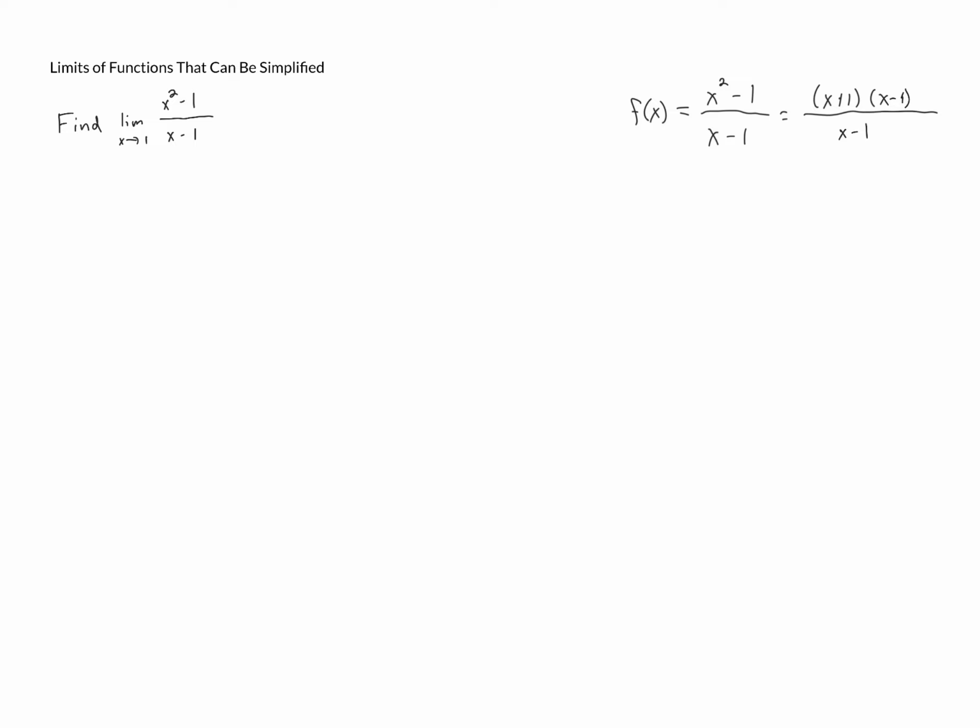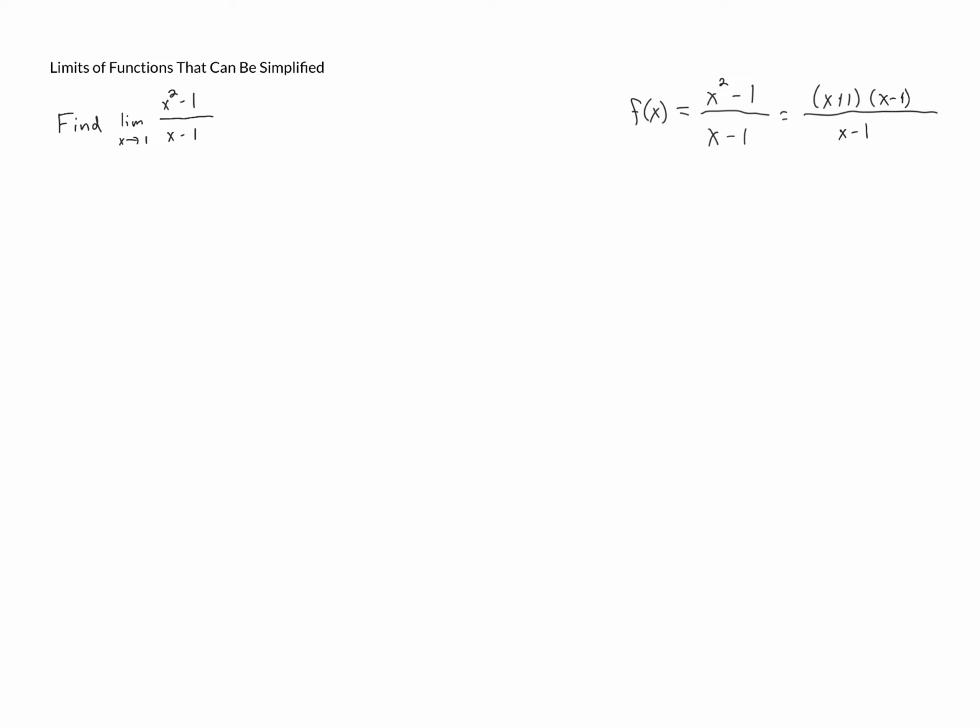And your intuition might tell you to cancel those, but we need to think about whether or not we are allowed to cancel those. And you probably have never put that much thought into canceling a common factor in the numerator and the denominator. But here's the thing.